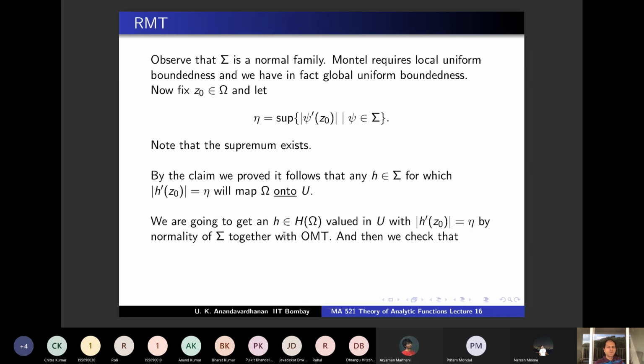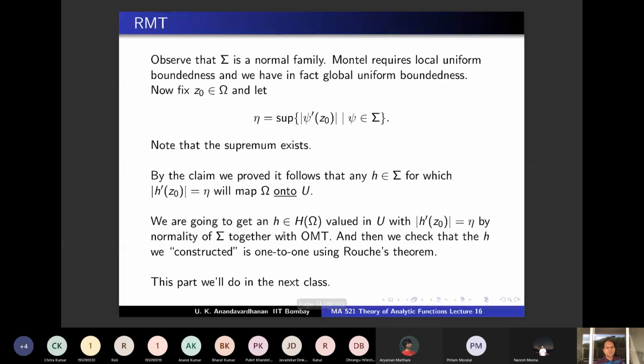So we have to make sure that one-to-oneness is not lost in that process. So we check that the h we constructed is one-to-one, and here we will use Rouché's theorem, and that will finish the course. Okay, so this we will do in the next class.